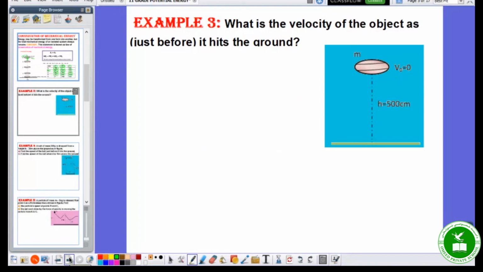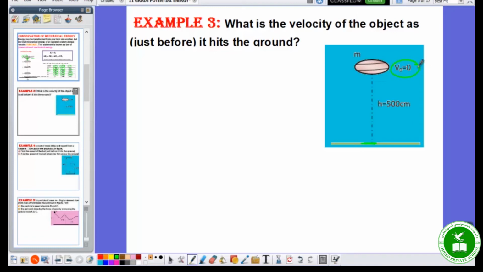Example number 3 in this chapter. What is the velocity of the object as it hits the ground? Just before hitting the ground, how much will be its velocity? Initially velocity was 0. Here we need to use the concept of conservation of mechanical energy.